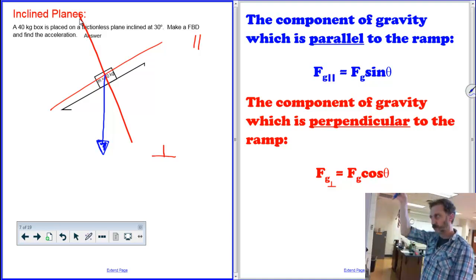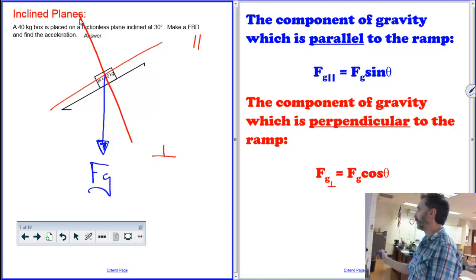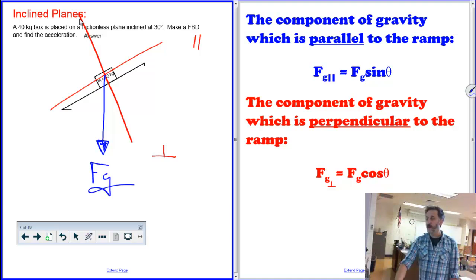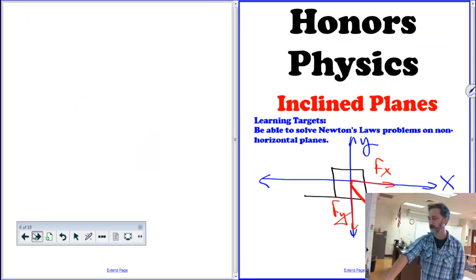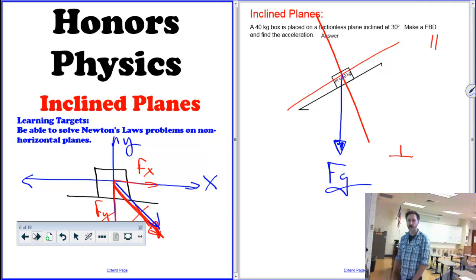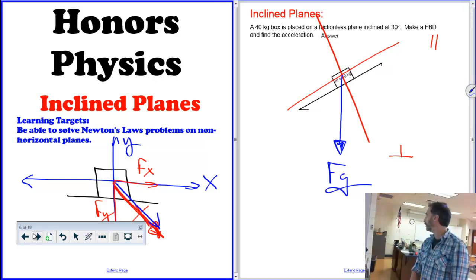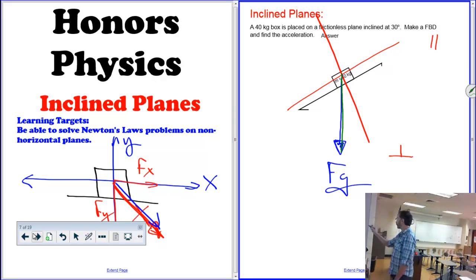Gravity still pulls straight down along our old y-axis, so Fg. In the same way that we took the force from the lawnmower and found the components along the x and y axes, we're going to do the same thing here. We're going to take our force of gravity and find the components that lie along the perpendicular and parallel axes.